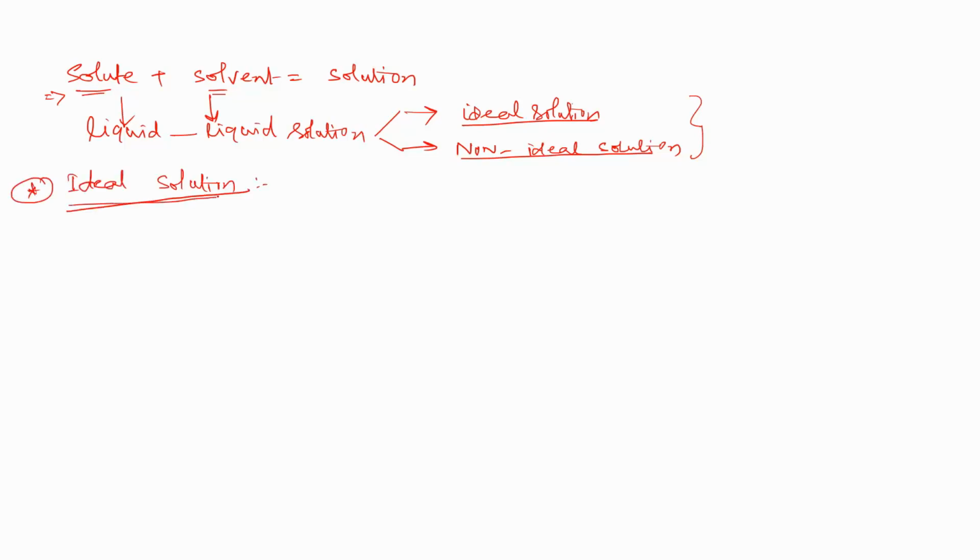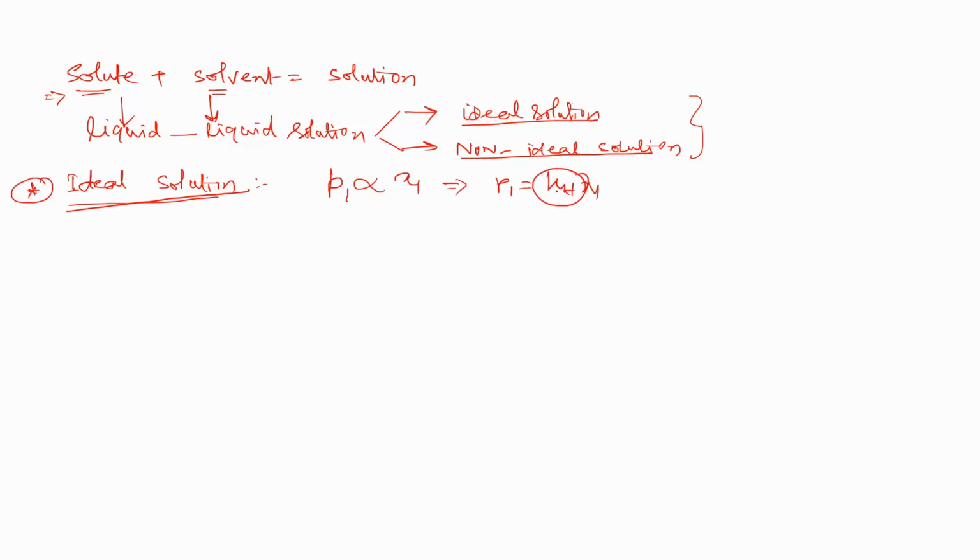We know Raoult's law. From Henry's law, the partial pressure is proportional to the mole fraction, and partial pressure equals Kh into x1, where Kh is Henry's constant.